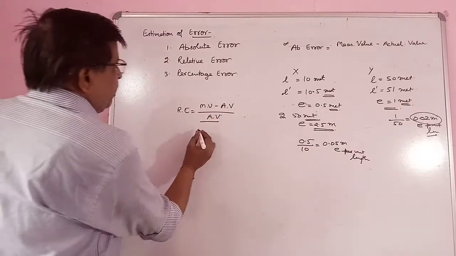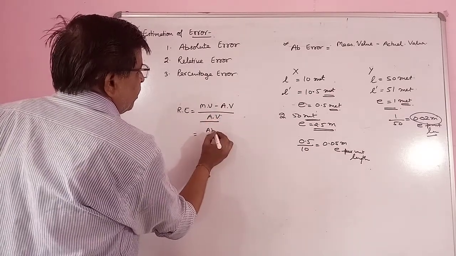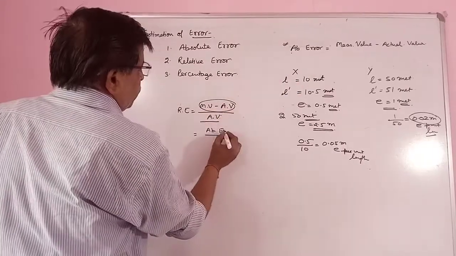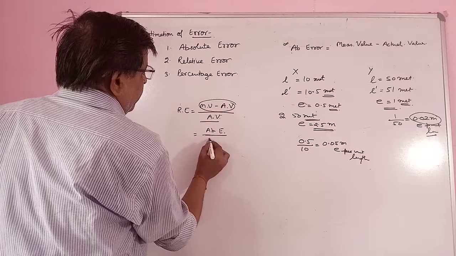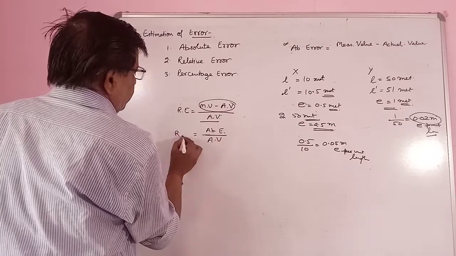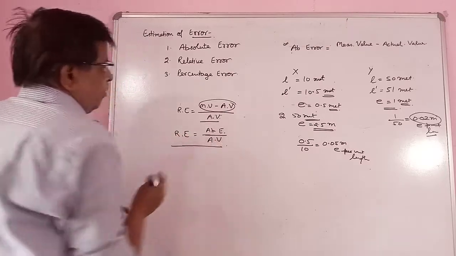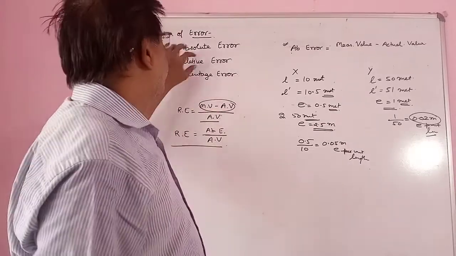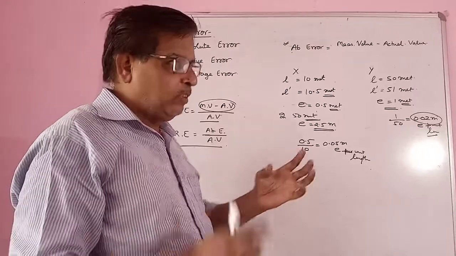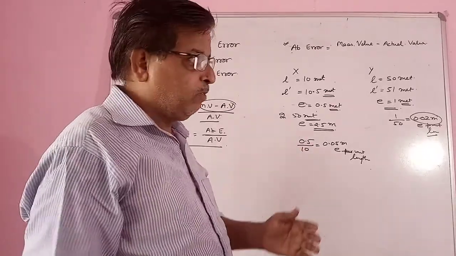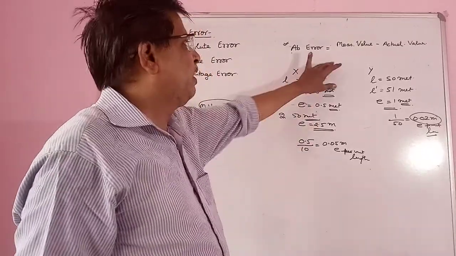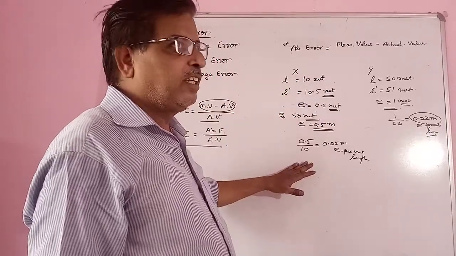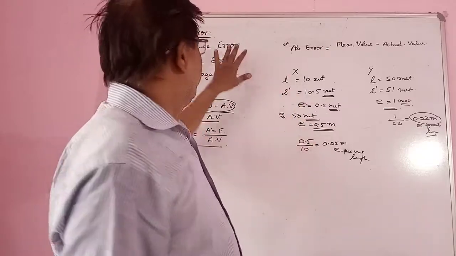This is the absolute error, so if we divide the absolute error by the actual value, we get relative error. When we compare two measurements, we get relative error. This is more appropriate than absolute error.